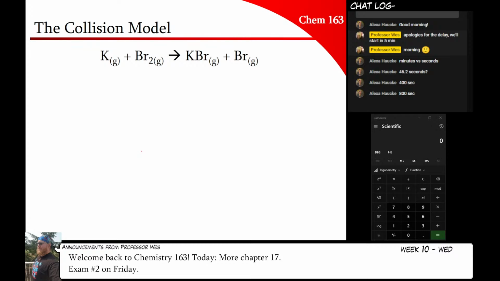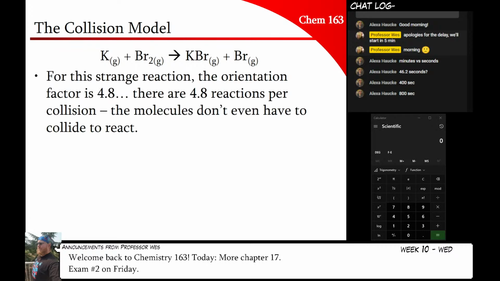There are also very strange reactions. So for example, if I have potassium gas reacting with bromine, you might think, oh, okay, my collision factor has to be between 0 and 1. Nope. For this one, per collision, there are 4.5 reactions. The molecules don't even collide. So, for some reason, what ends up happening is that potassium throws its electrons at bromine as it passes by, and then it becomes ionic and more molecules collide into it.